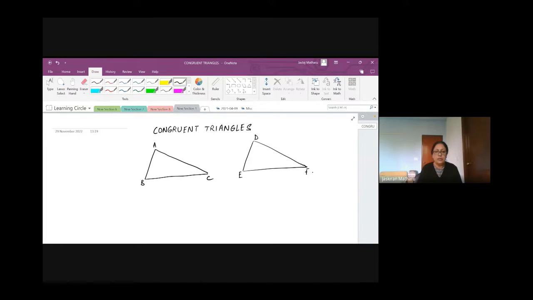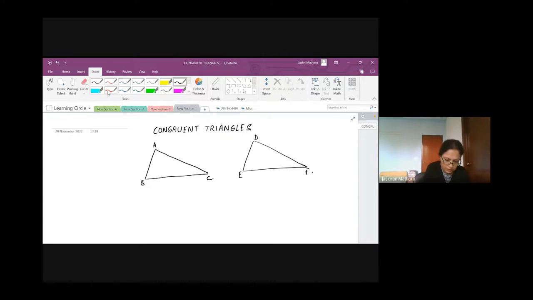So let us look at these two triangles. They are going to be called congruent triangles if the corresponding sides are equal in length and corresponding angles are equal in measure.